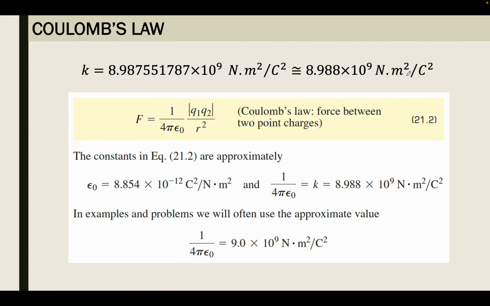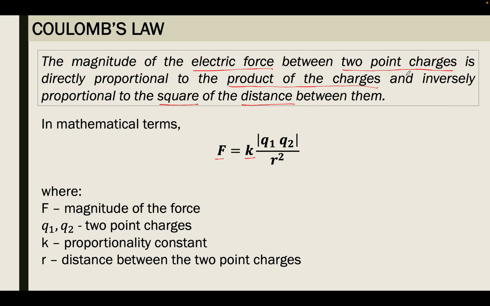Okay, so by the way, how about for the units before we proceed? So for the units, unit of force is in terms of Newton. We have our K, as we have seen earlier, is Newton per meter squared over Coulomb squared. Now, sa kinsa man ang Coulomb na unit.